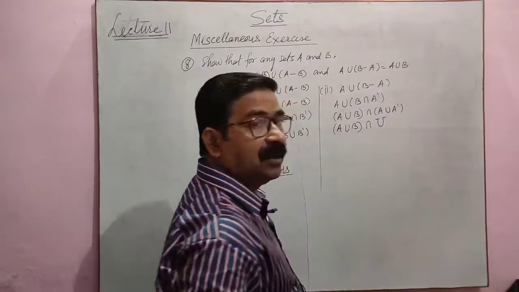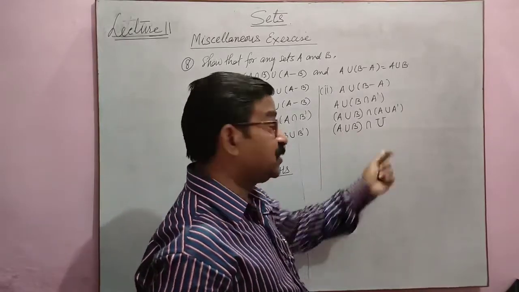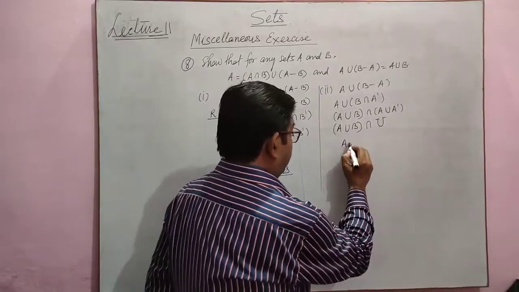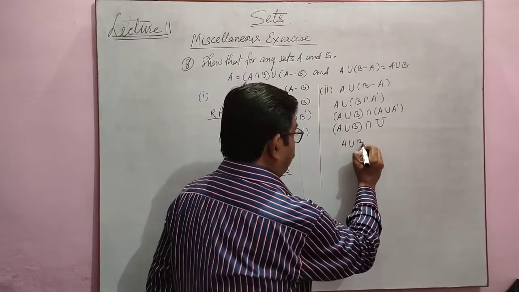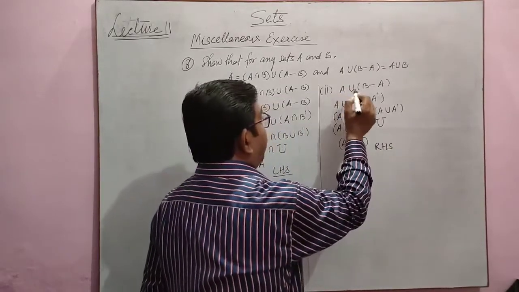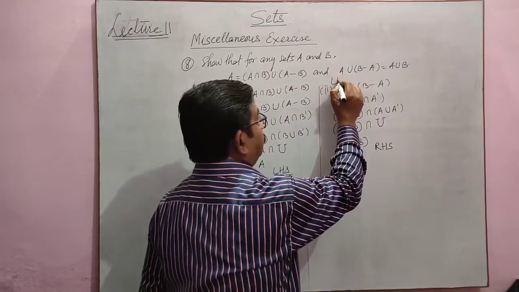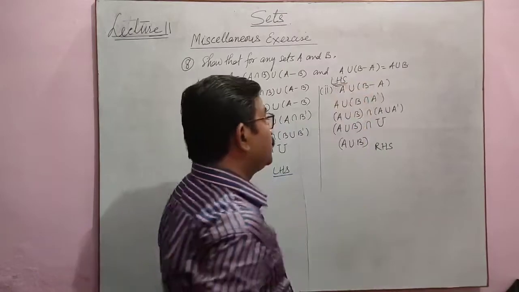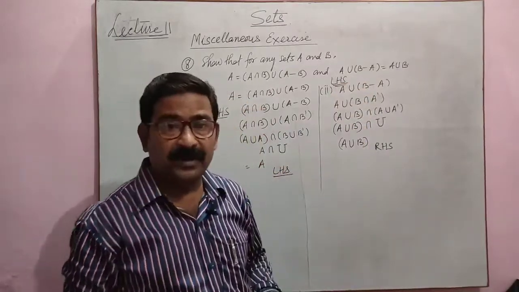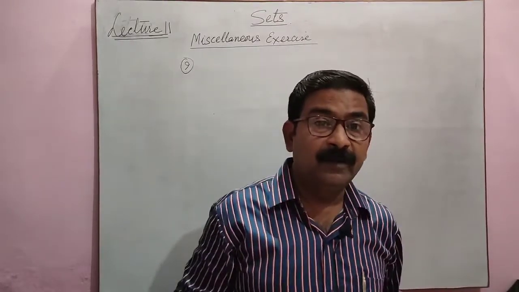Universal set. And common between A union B and universal set, what we have? This is A union B, and this is right hand side. We had taken this left hand side. So this is how simply we can prove this question. Got it?